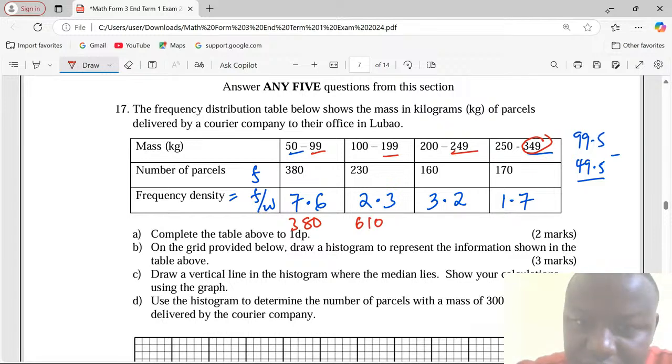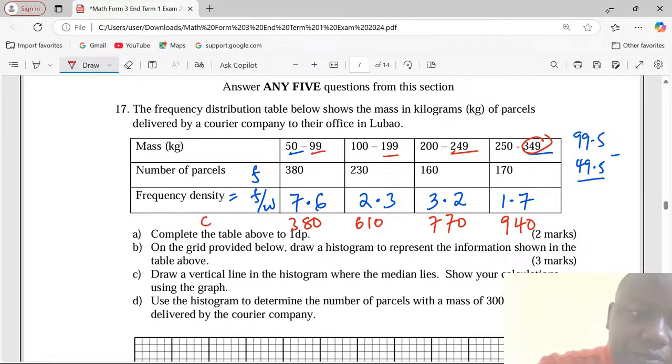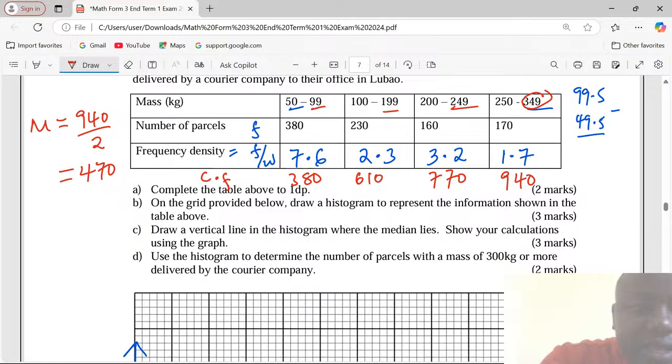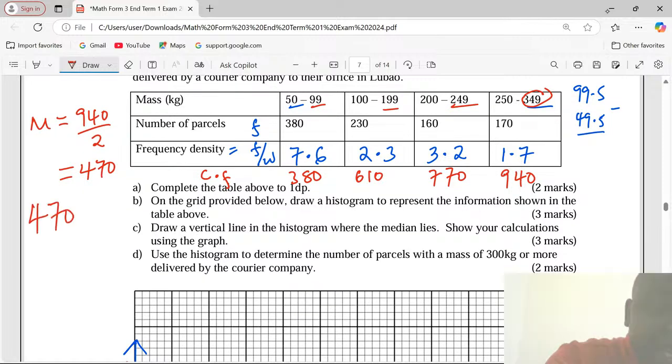We add 160, that will be 770, and we add 170, that will be 940. So the median mass is going to be, when we take 940 and divide by 2, 470. So the 470th parcel will have the median mass.